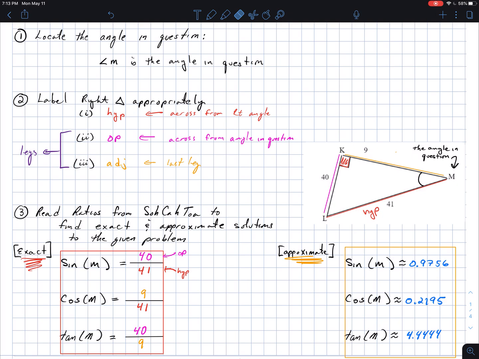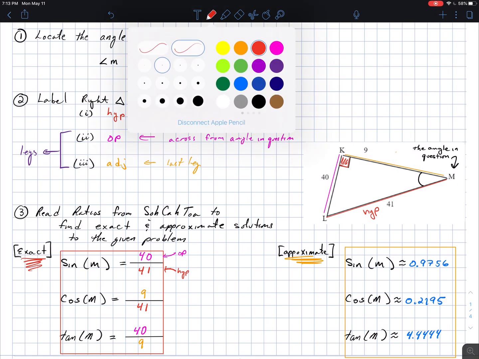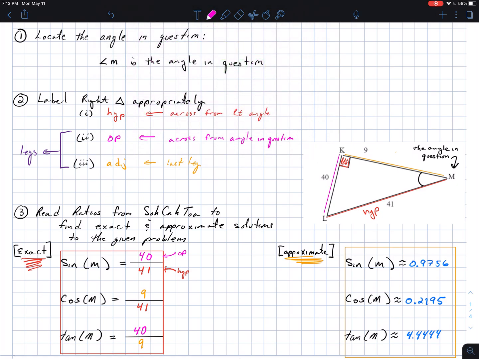Then what we have here is we're going to look at our angle in question. And remember, that was M, right? We made that note a little bit ago. Now I'm going to use a different color to point directly across and label this as the opposite side to that angle.